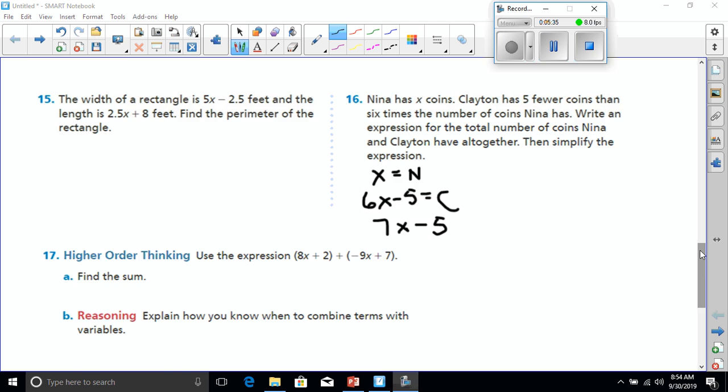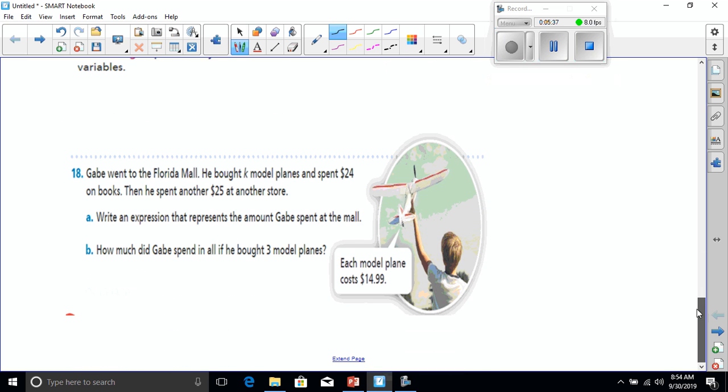Let's mosey on down here now for number 18. Gabe went to the Florida Mall. He bought K model planes, so we don't know how many he bought, but each model plane cost $14.99.